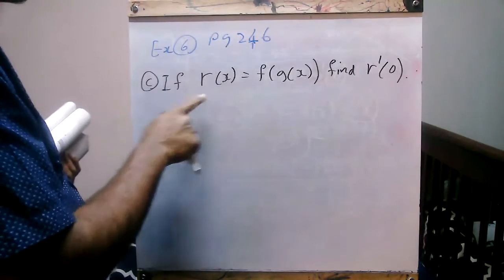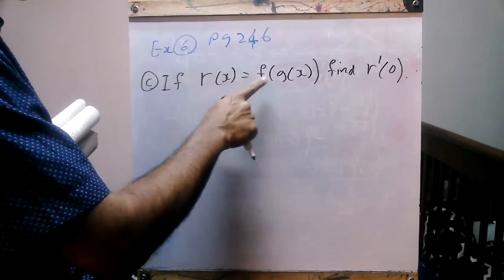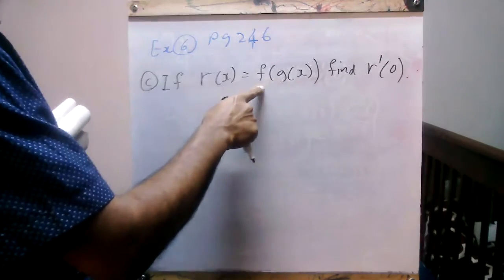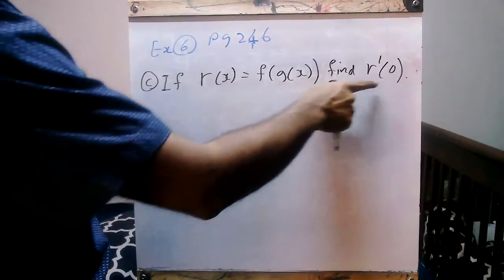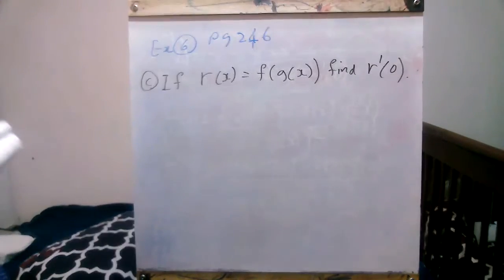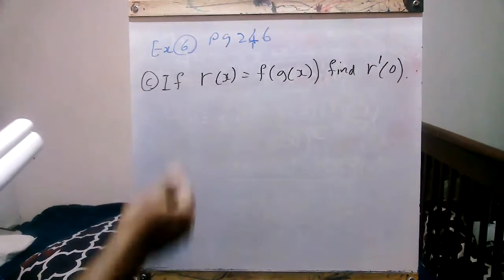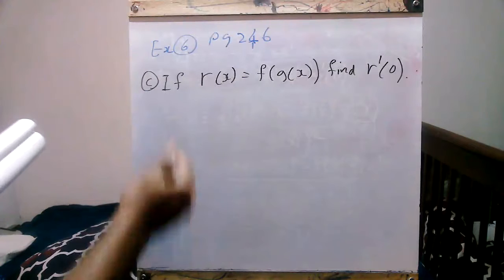R(x), the function R(x) is given, it is a composite function f of g of x. Find r'(0). To find r'(0), we have to find r'(x).